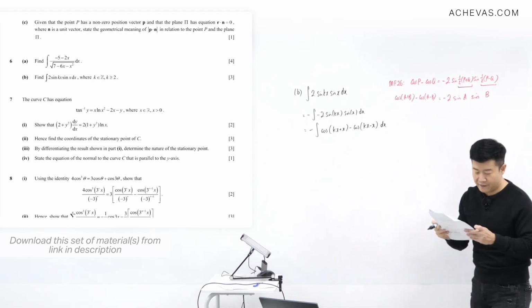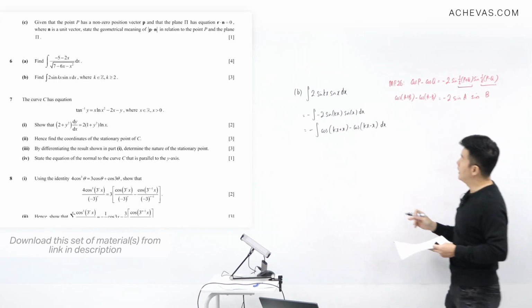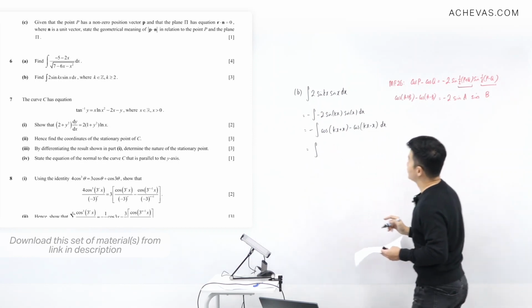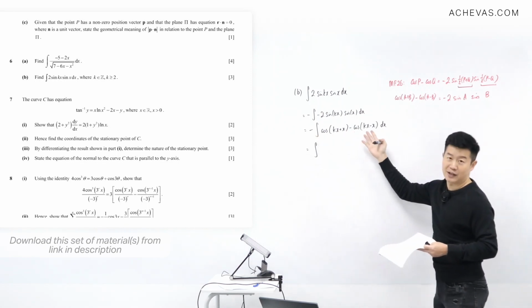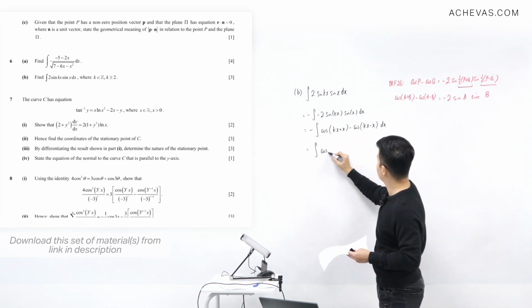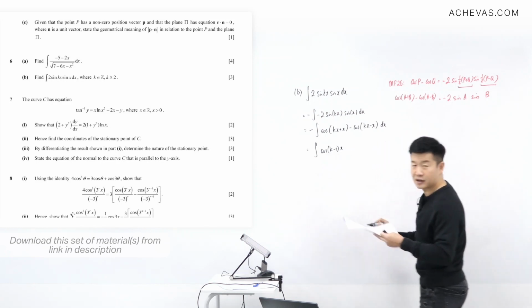We are going to re-express this a little bit more first. If I bring the negative in, the first term becomes cosine of k minus 1 x, correct?